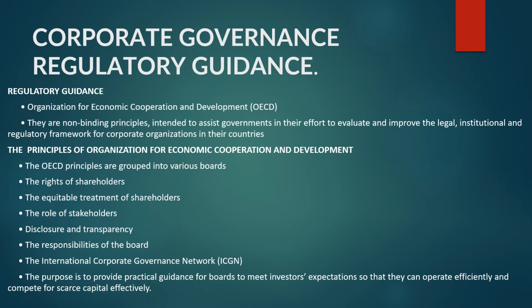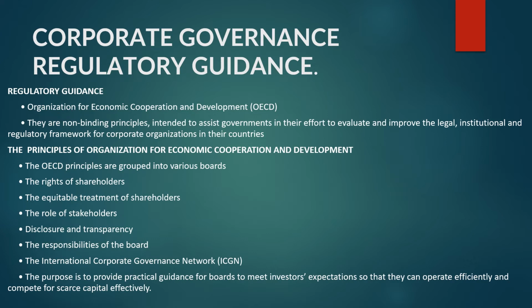Then we are going to look at the principles of the Organisation for Economic Cooperation and Development. The OECD principles are grouped into various parts. The first is the rights of shareholders.